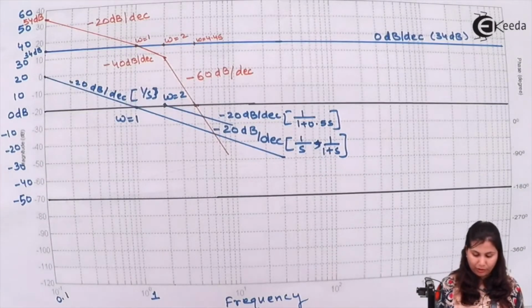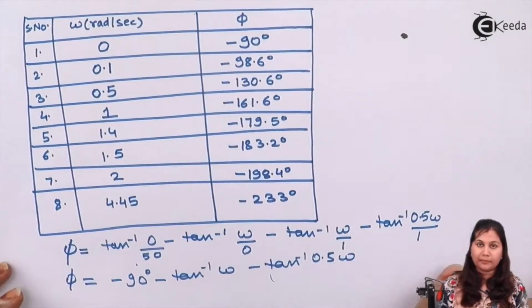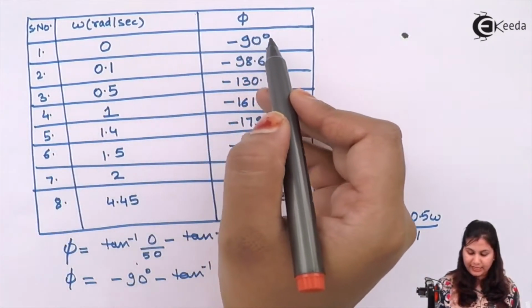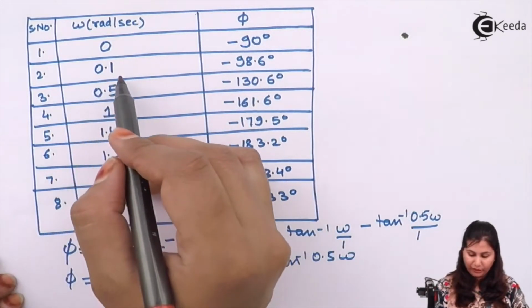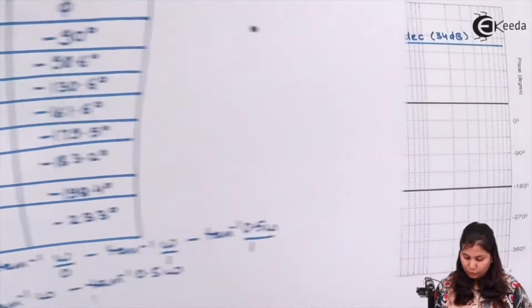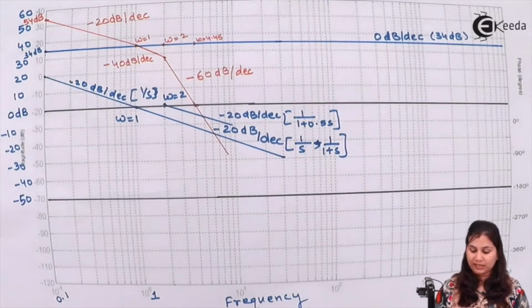Now for the phase plot, we will use the phase table which we have made here. For omega equals to 0, the phase angle is minus 90 degrees. For omega equals to 0.1, the phase angle is minus 98.6 degrees. So this Bode plot is starting from 0.1, so we will have to take this frequency in the table.